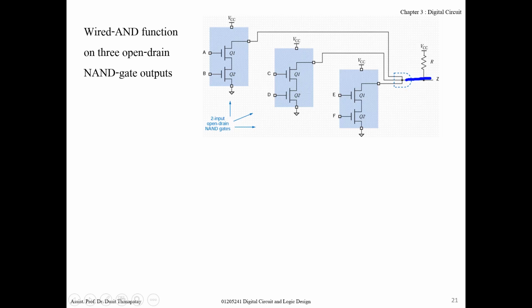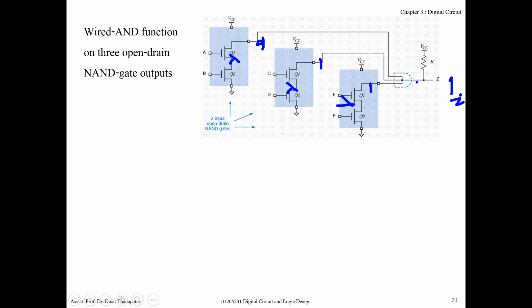This point will be 0 if this set of transistors, or this set, or this set turns on. The output will be 0 immediately. And for the output to be 1, all of these must be turned off, all of these must generate logic 1, 1, 1 here. Then this output becomes 1.